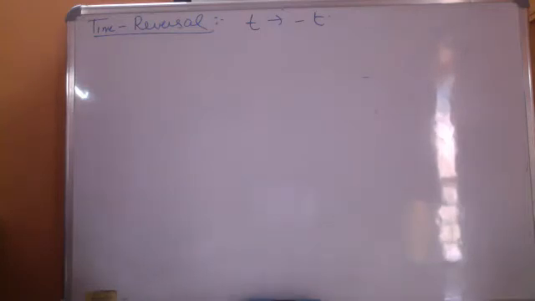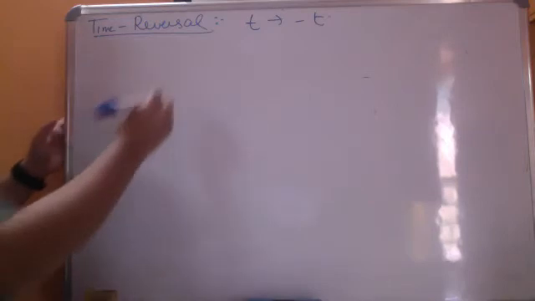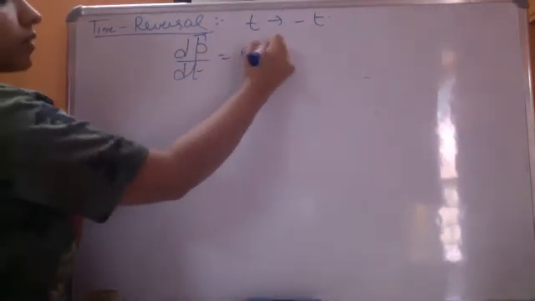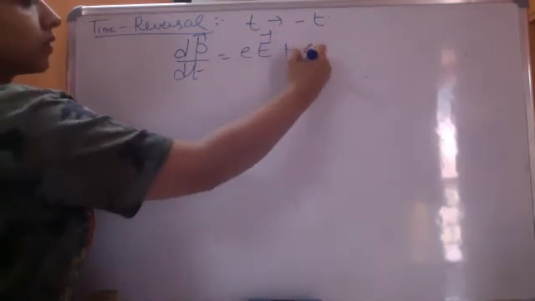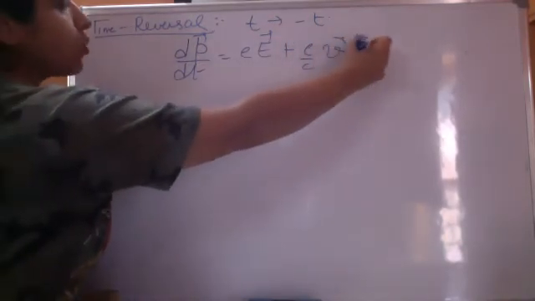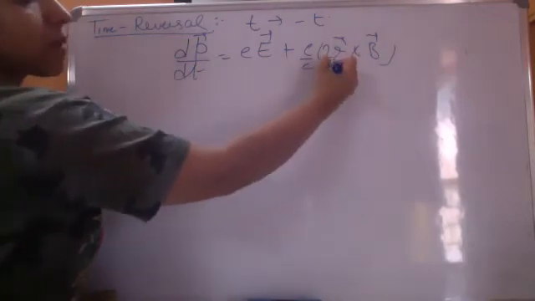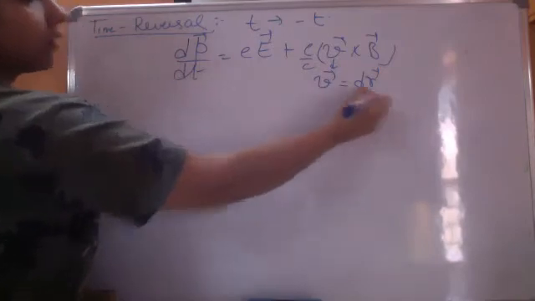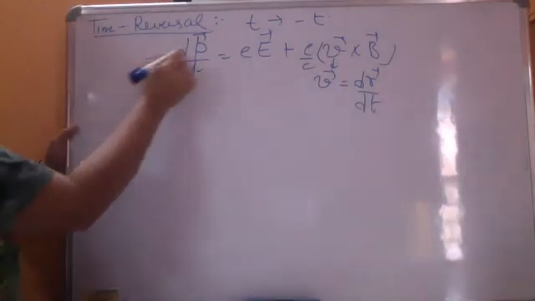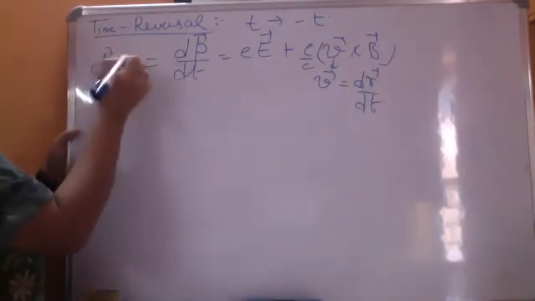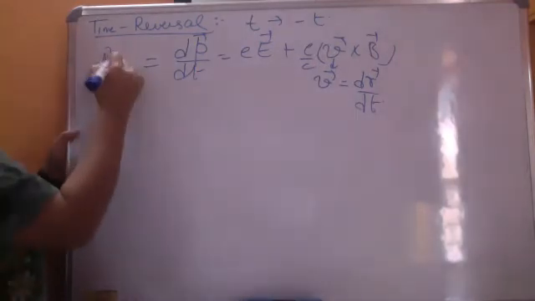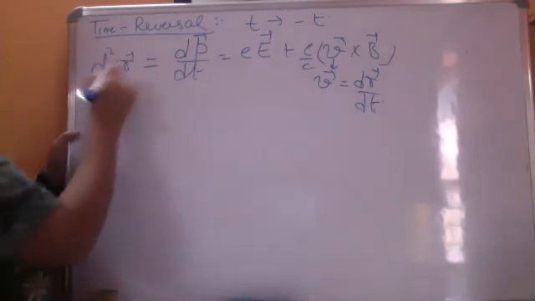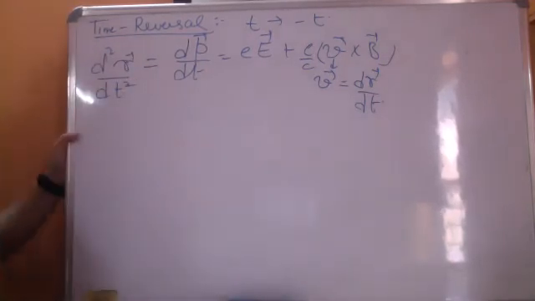Right? Even here, if I look at my equations of motion, you remember v is dr by dt, and dp is actually something of the kind, right?